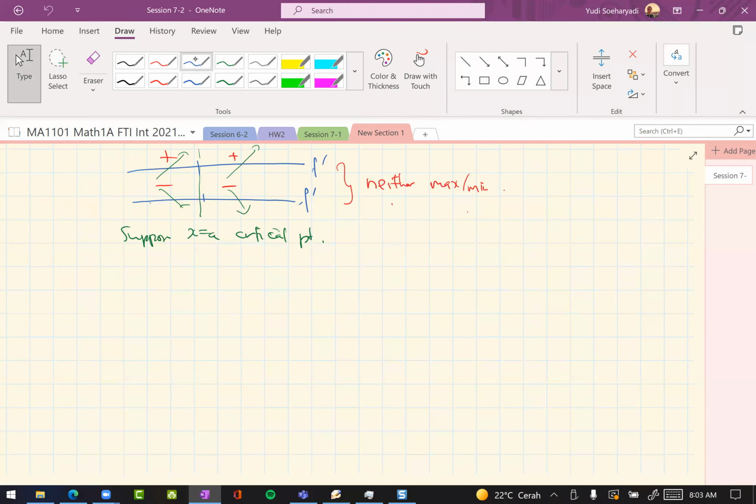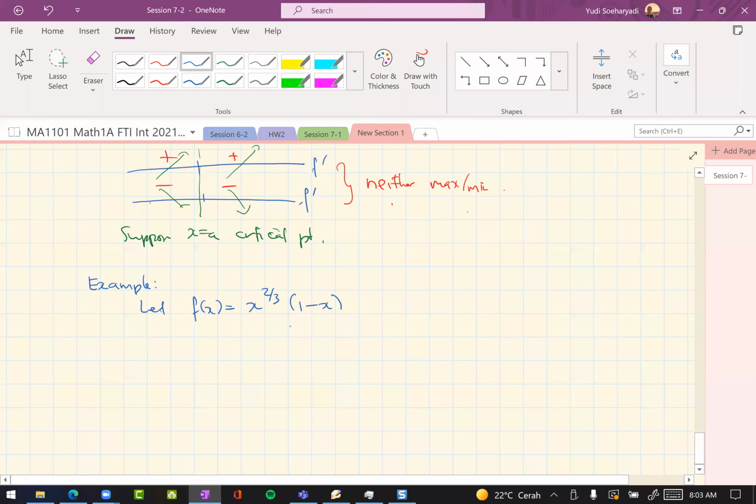So, example. Given this function, x to the 2/3 times 1 minus x.